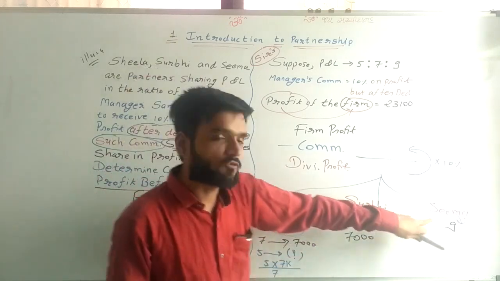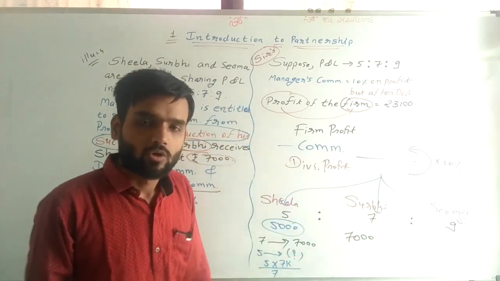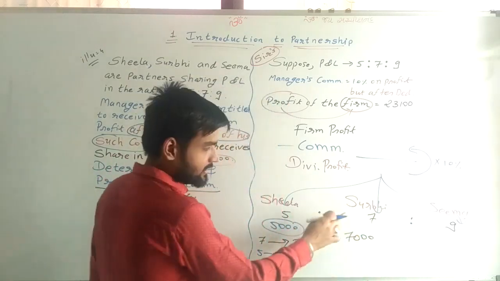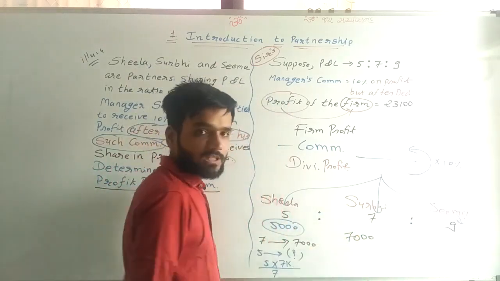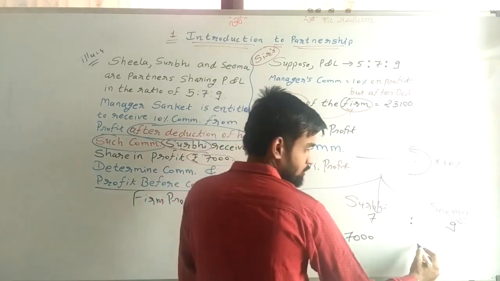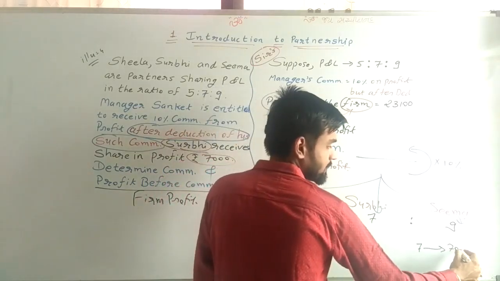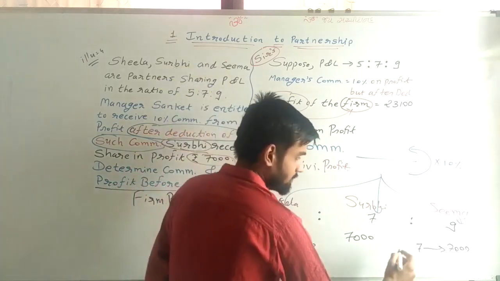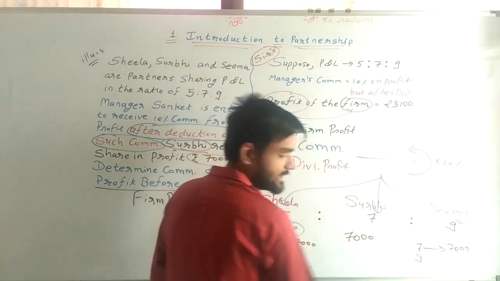Now again, calculation for Seema also. What is the profit of Seema? We can calculate in the same way. Suppose for 7, 7,000 rupees is the profit. But for Seema, that is the 9 portion.